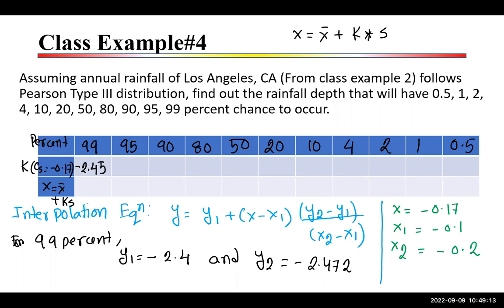Okay. Let's check. That's correct. I got 0.5. So I think I just rounded that. You got something? Okay. Not working? Okay. Which part was the problem?